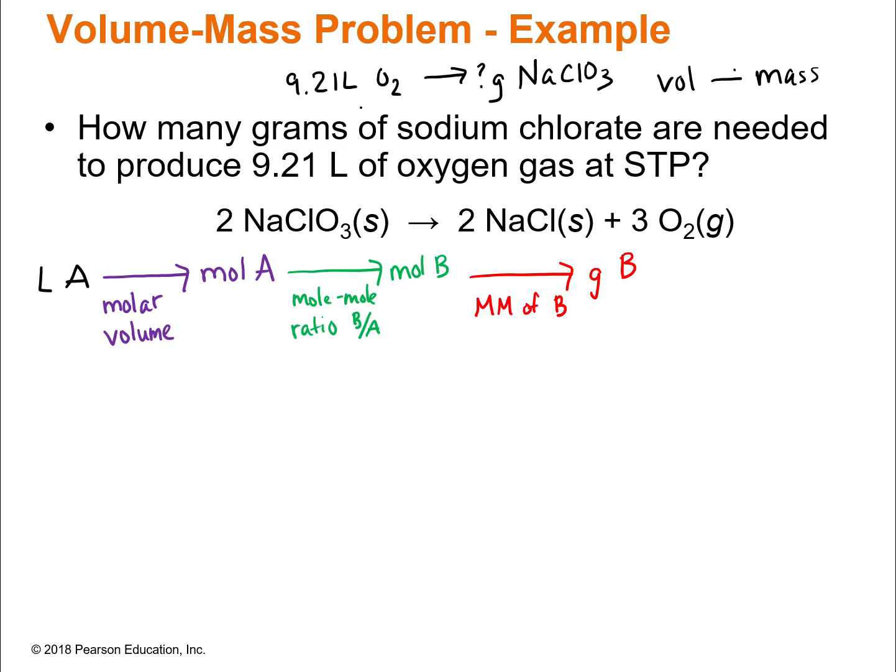In this problem, the A, our given, is oxygen gas. And what we're trying to figure out, the B, is sodium chlorate. So let's fill in the plan with our specific variables. We're starting with liters of oxygen gas.